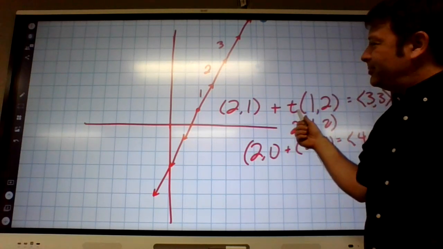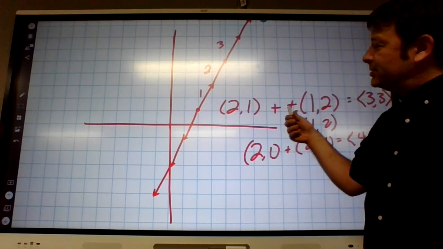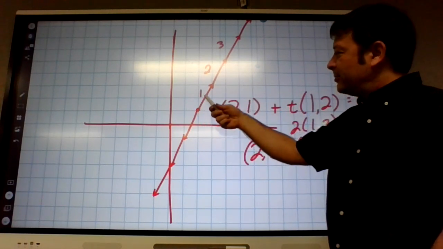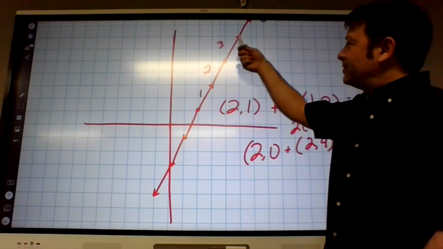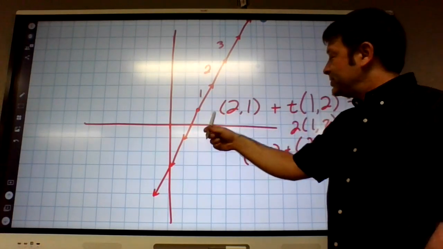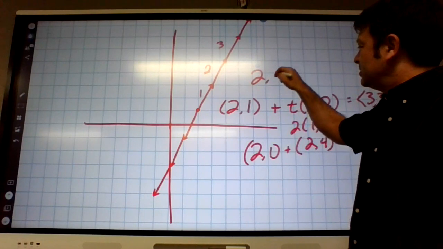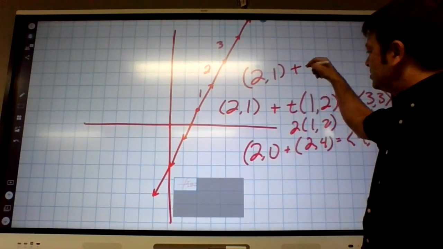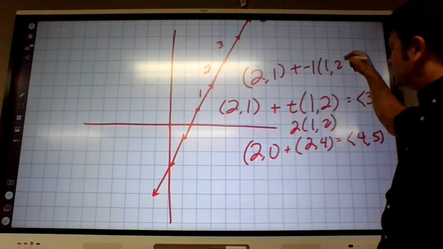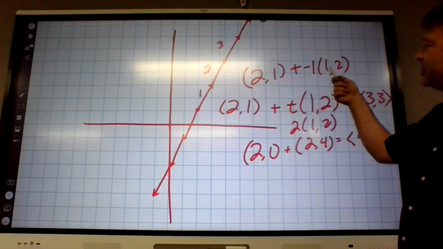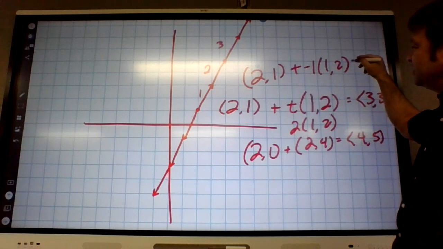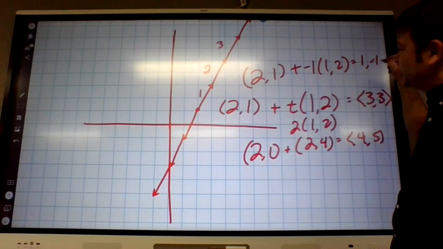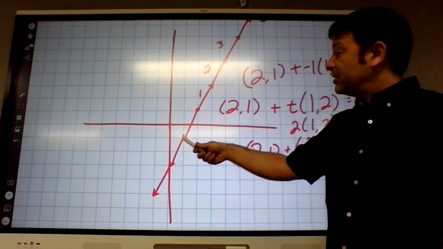They chose t because you can think of it like time. After 1 hour, minute, whatever, it's here. After 2, it's here. After 3, it's here. And you can even go backwards in time. If t was negative 1, that would be negative 1, negative 2, which would give you 1, negative 1, which is right here.